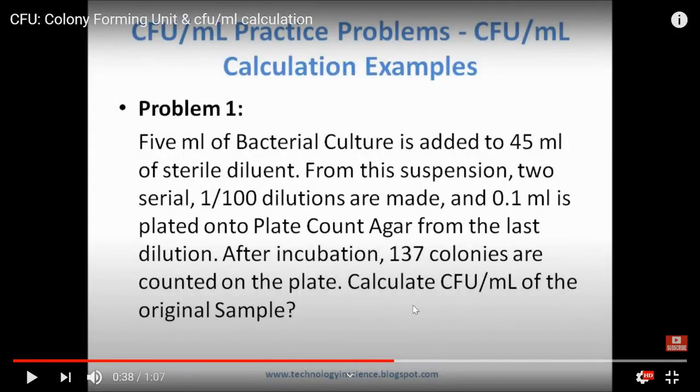So remember, we're adding 5 mLs to 45, right? So your part divided by the whole. And then they perform 2 more dilutions, which are 1 to 100 dilutions. And then they plate 0.1 milliliters. So I'll give you a few minutes to work on that calculation.